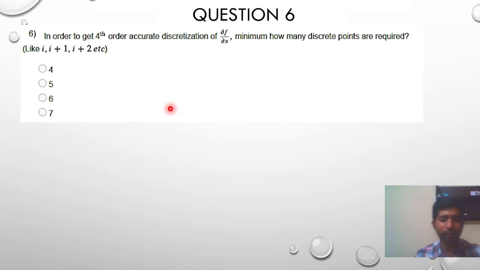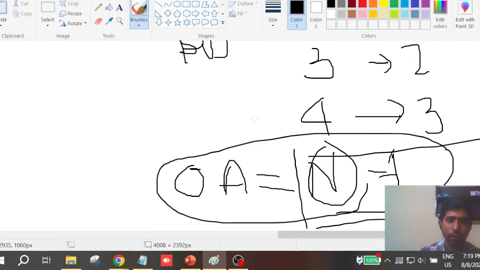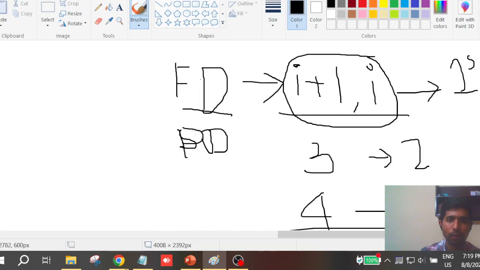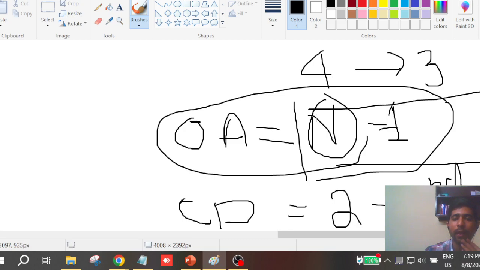Why forward? See what I have discussed here. If you are using a forward or a backward difference, the order of accuracy will be n minus 1. So if you have 4 points, order of accuracy will be 3.